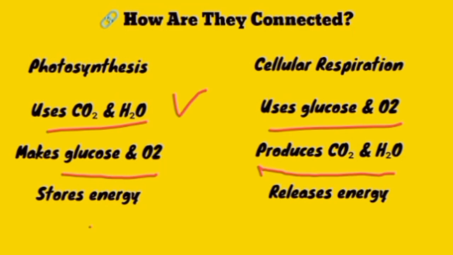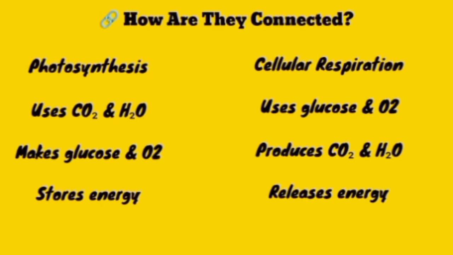In photosynthesis plants store energy, and in cellular respiration animals or the cells of plants release energy. So we can say that both processes are the reverse of each other. The reactant of one process is the product of the other process, and the product of respiration is the reactant of photosynthesis. So both processes are interconnected with each other.